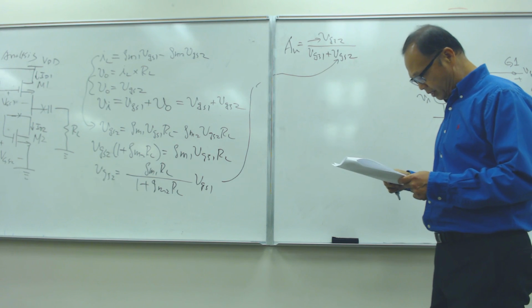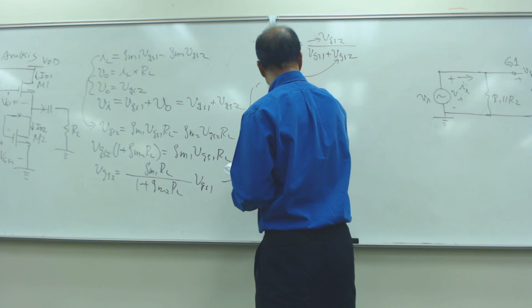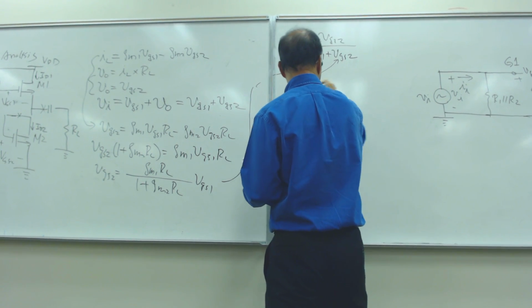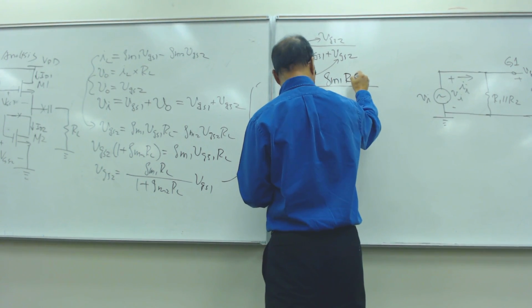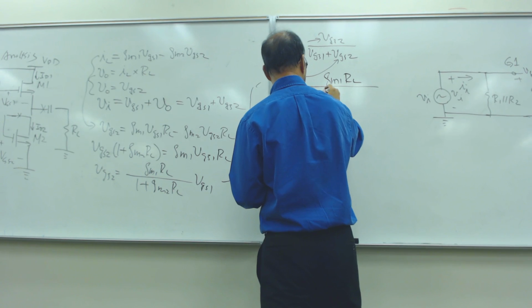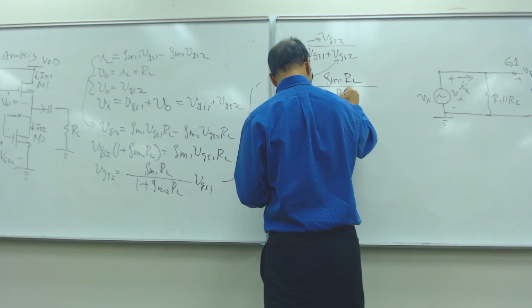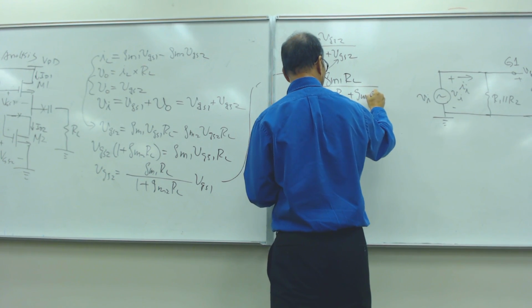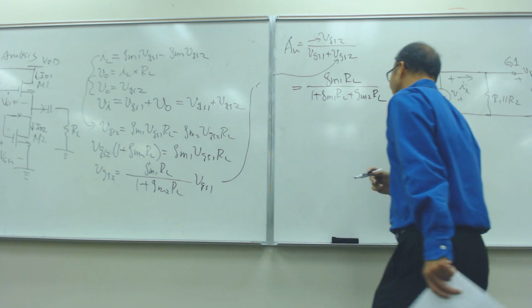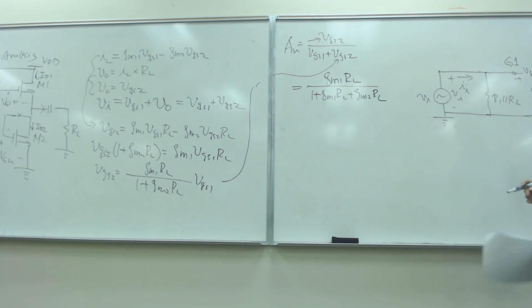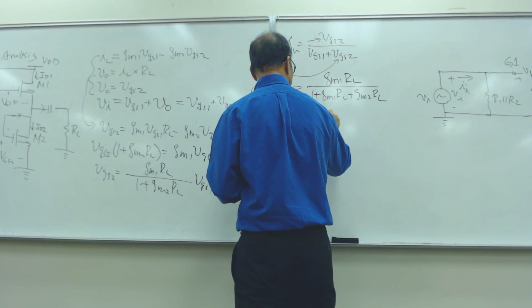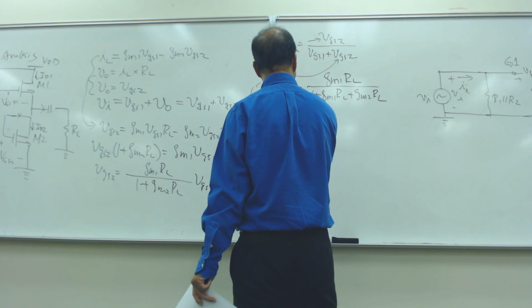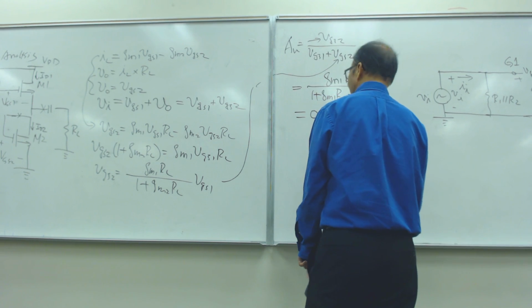So at the end, it may take a while, but this is what you should get. Okay? Then you plug in the numbers. The value of this is 0.3.